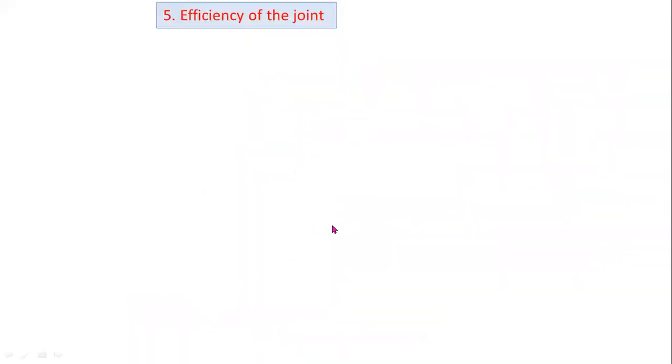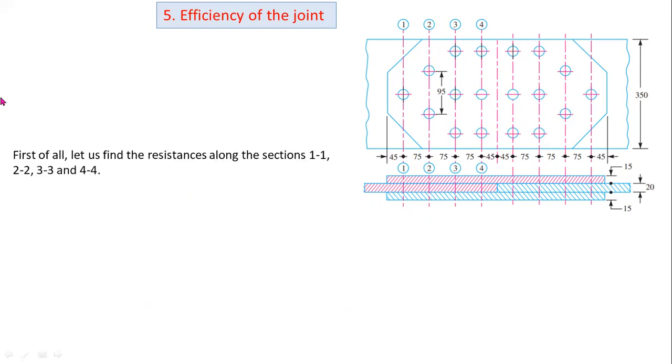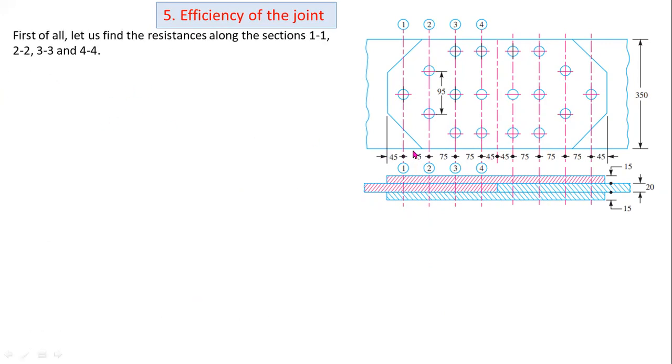After getting these values, you have to determine the efficiency of the joint. For determining the efficiency of the joint, first of all, you have to determine the tearing strength in the first row, the tearing strength in the second row, the tearing strength in the third row, the tearing strength in the fourth row. First of all, let's find the resistance along section 1-1, along the first row.